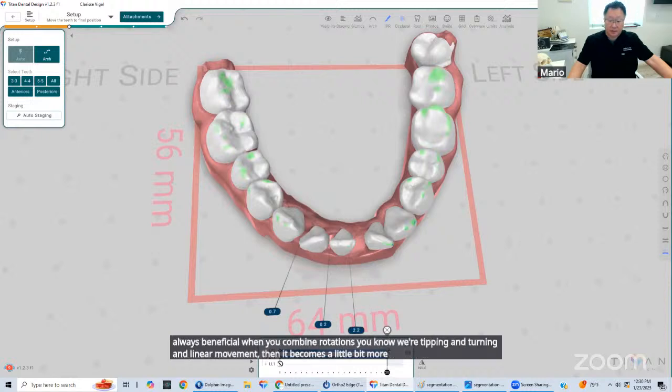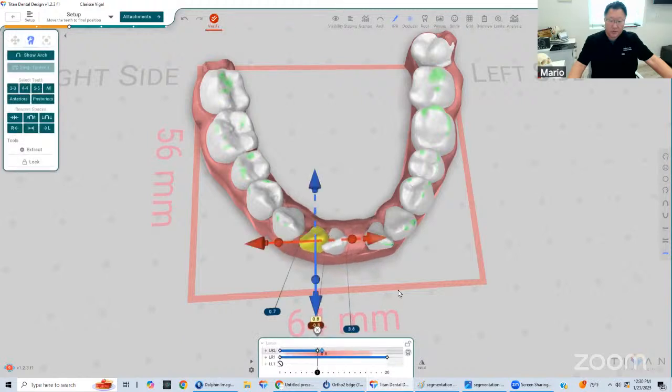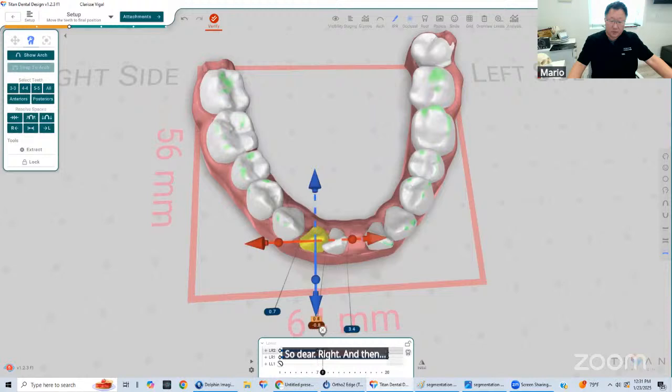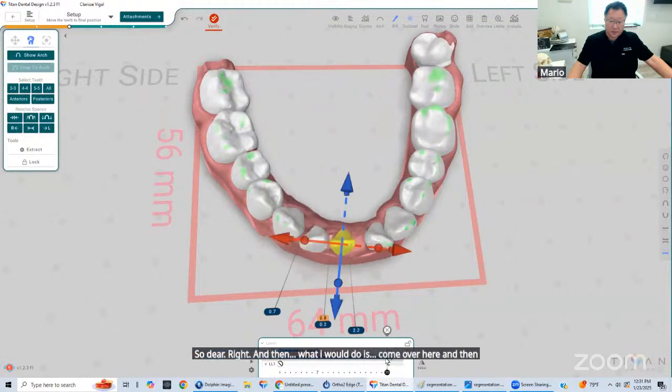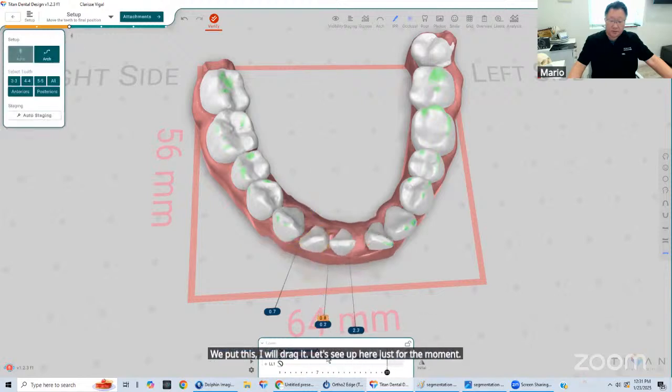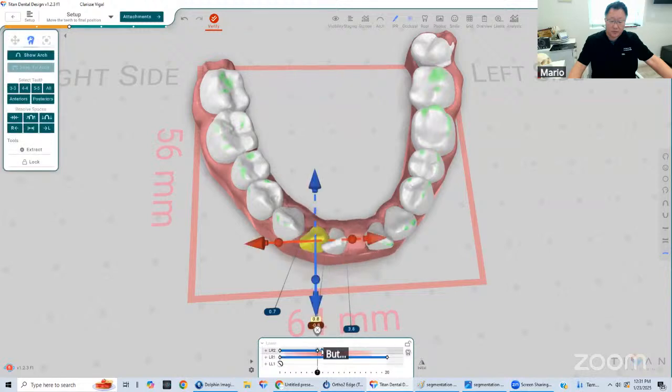So I would try to go here, right? Then I would come over here and come back here and see where that is. And then I will add another one. For this, I will drag it up here just for the moment. But, oh, where did it go?